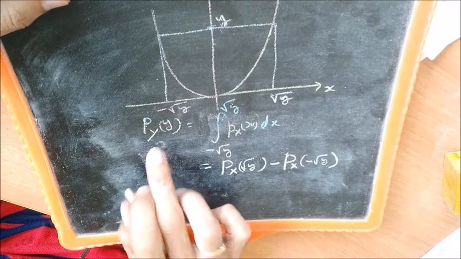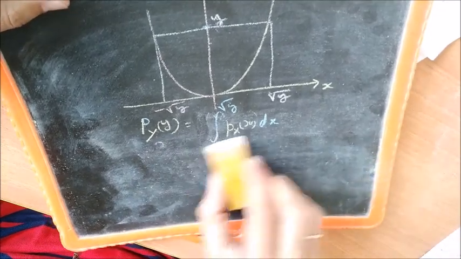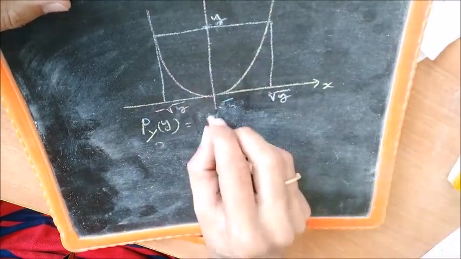Now if I differentiate this, so I will write this here now. I'll get some space.